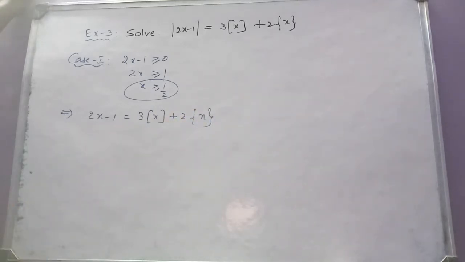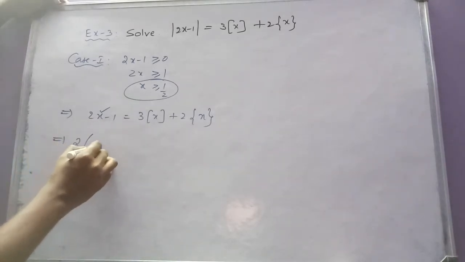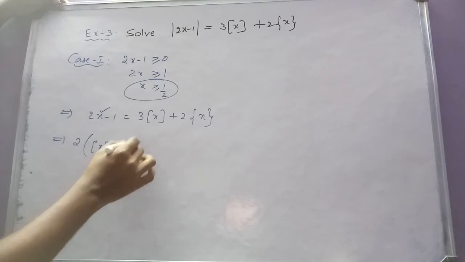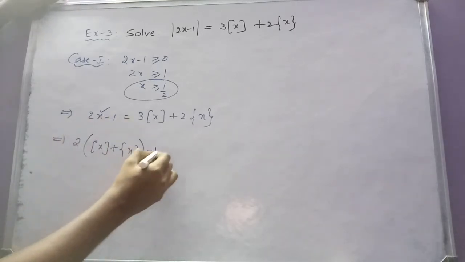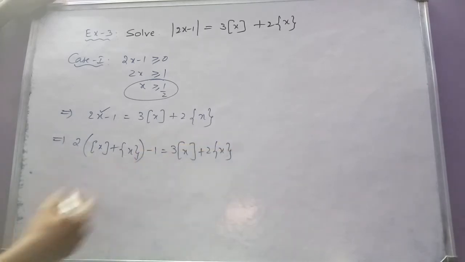So in the problem solving model, we are supposed to eliminate x first by taking x as step x plus fractional part of x. So that is the process. Minus 1 as it is equal to 3 into step x plus 2 into fractional part of x.